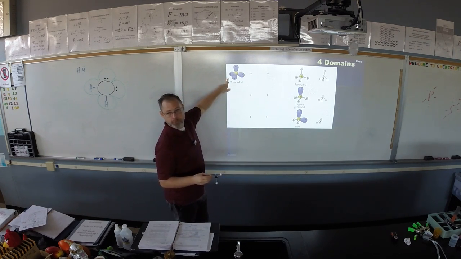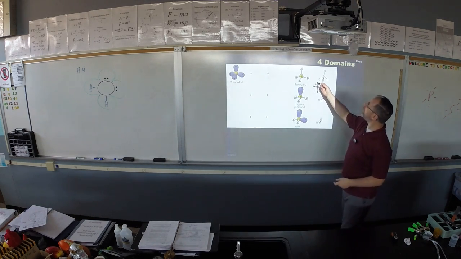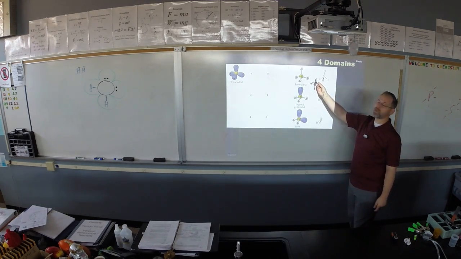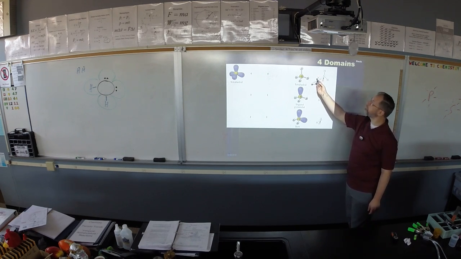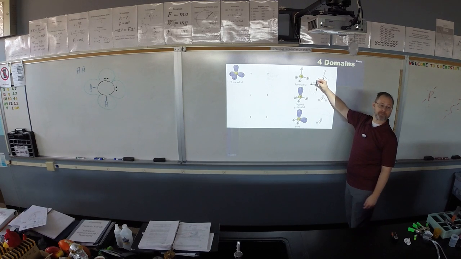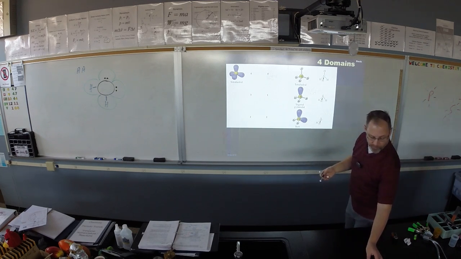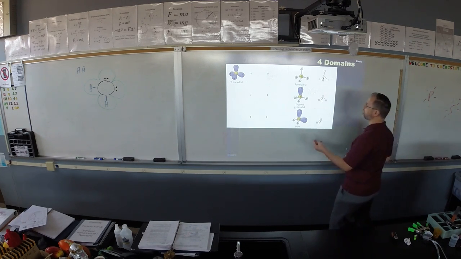If all of those domains are bonding, your molecular geometry will also be tetrahedral, which is what we get with methane. You made methane in your modeling lab, where you got the carbon in the middle and 4 hydrogens around the outside.